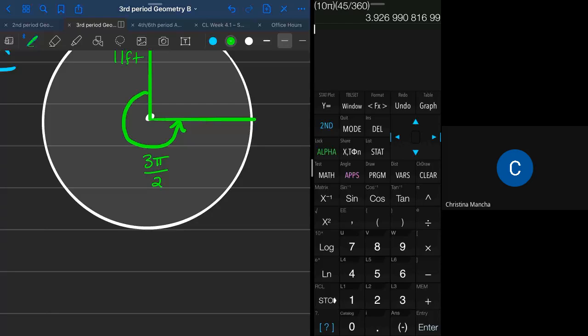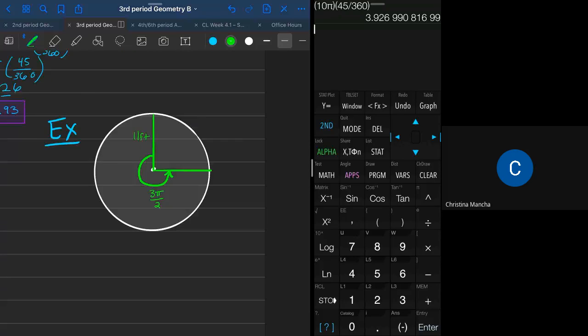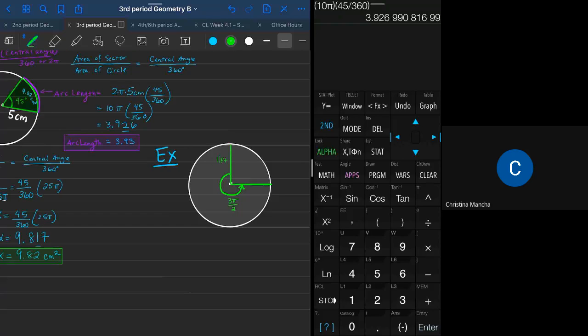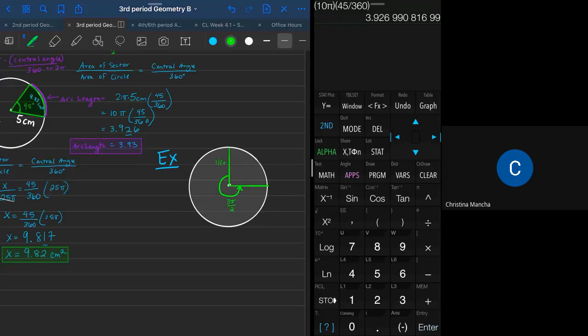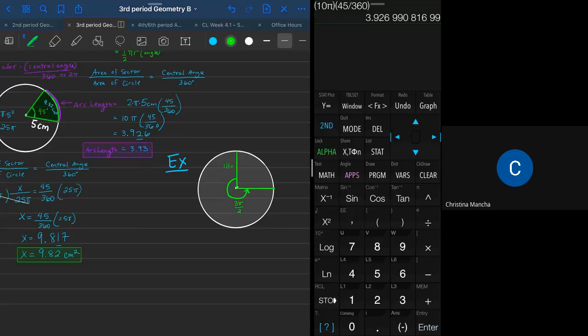Okay. So the idea is still the same. If we wanted to find the area of the sector, keep in mind that we would be talking about this part of the circle, right? Identifying this area here, which is what it is saying when we follow that angle, okay?